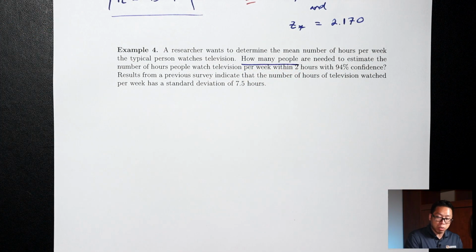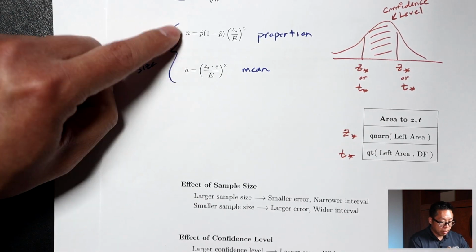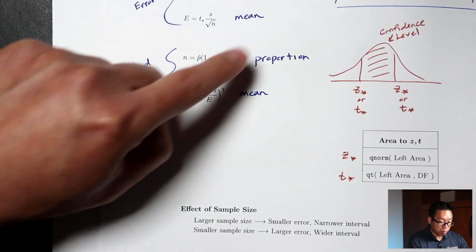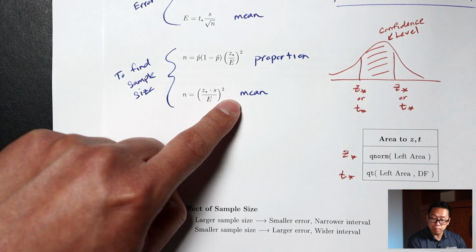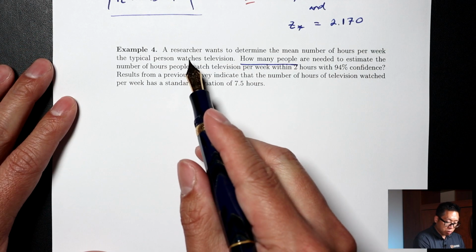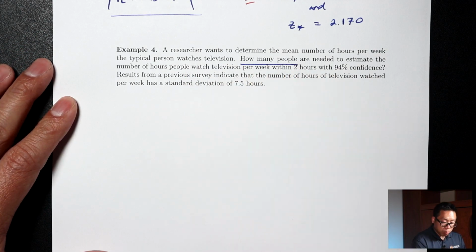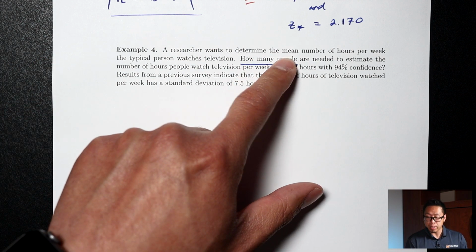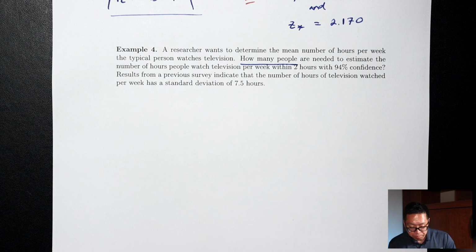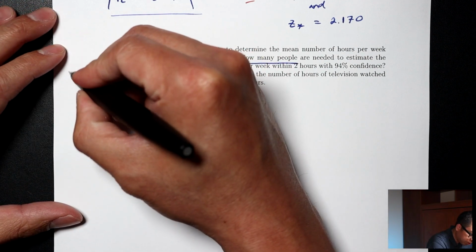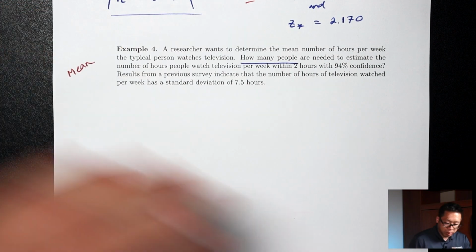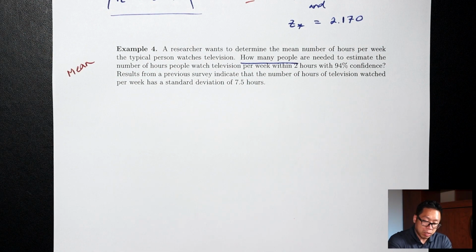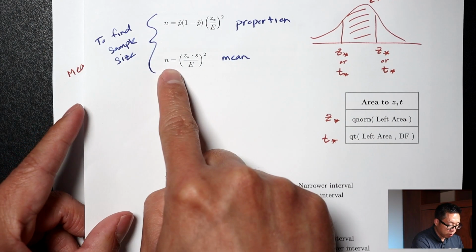So again, we'll be using one of these formulas for n. And the question is, are we talking about a proportion or are we talking about a mean? The researcher wants to determine the mean number of hours per week the typical person watches television. Mean. Okay, so this is definitely going to be a mean question, which means we'll be using the sample size formula for a mean.